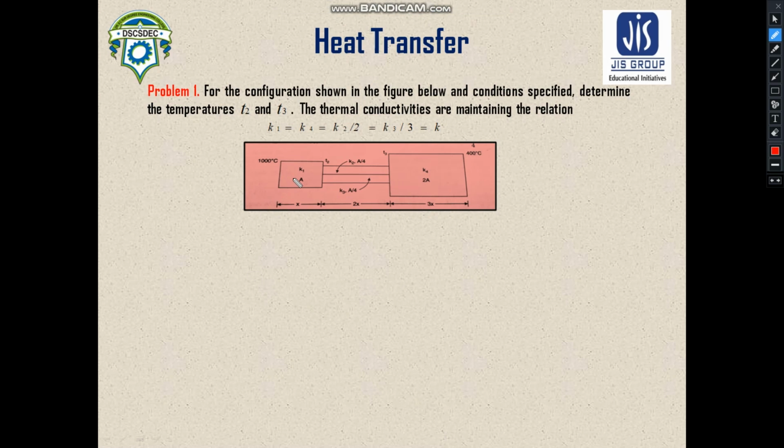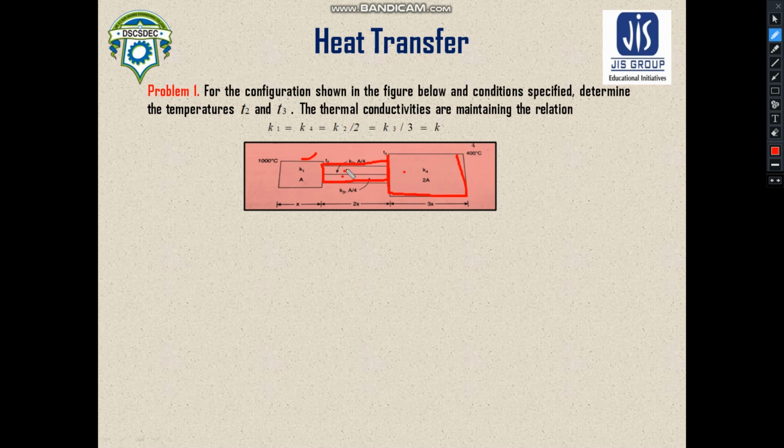So there are four walls. The first wall, the two walls combined, and the last wall are arranged in a series circuit.